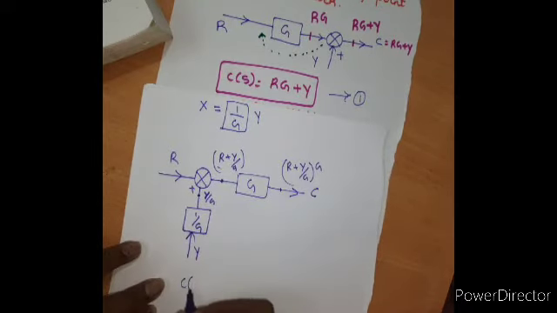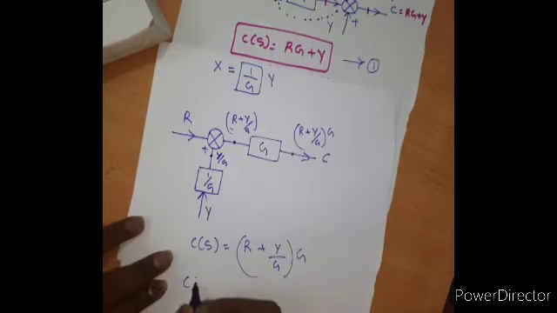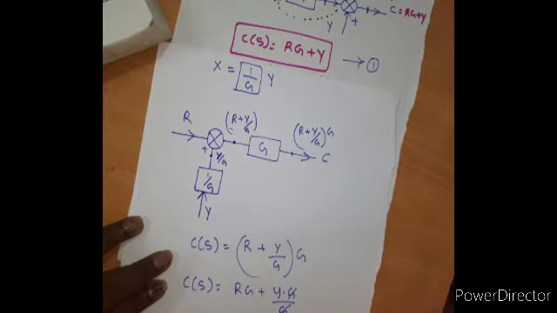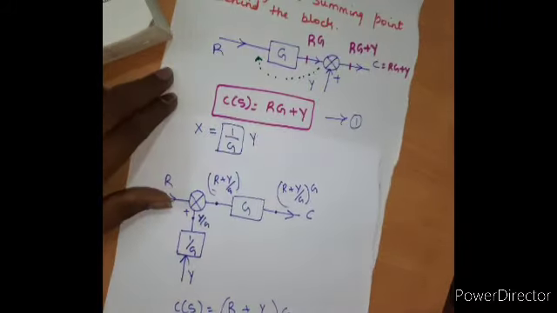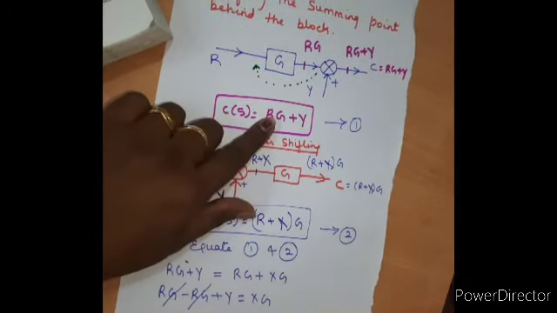So what is C of S now? C of S is equal to R plus Y by G into G. Multiplying, C of S is equal to RG plus Y into G by G. G will get cancelled, so C of S is equal to RG plus Y. Is this the same as the first equation? Yes, it is the same.